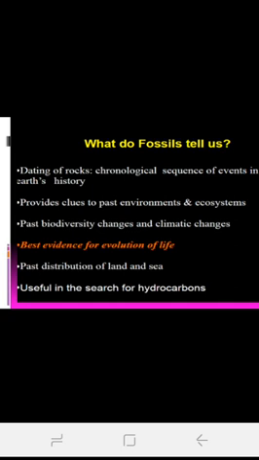And also we get details of biodiversity, changes and climatic changes. Another very significant part is the evidence for evolution of life, and what the condition of land and sea was at that time. So this is very significant in our day-to-day studies. It helps us a lot to trace back.